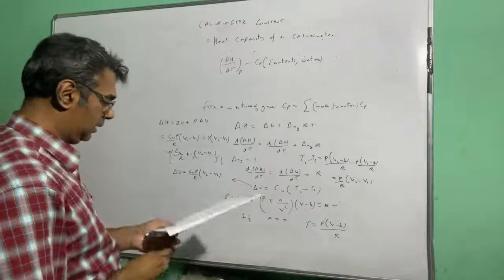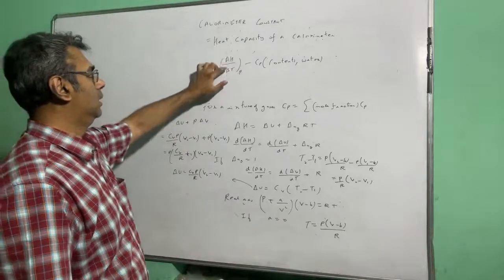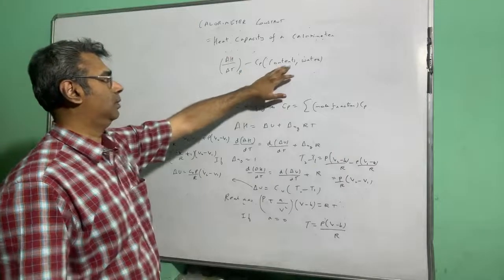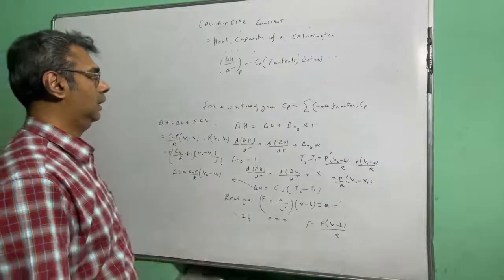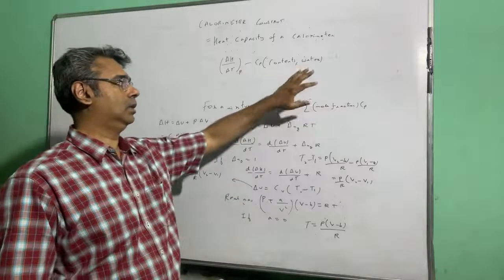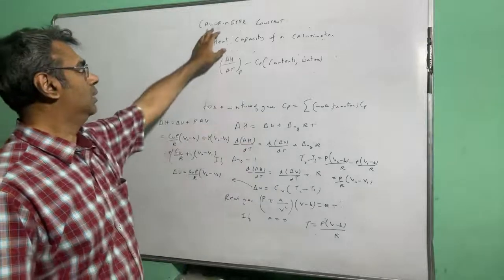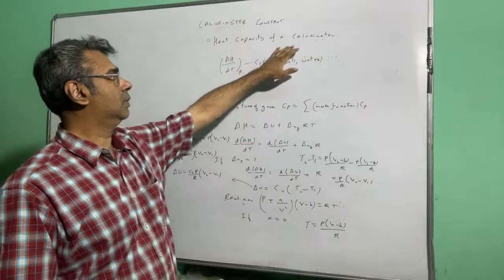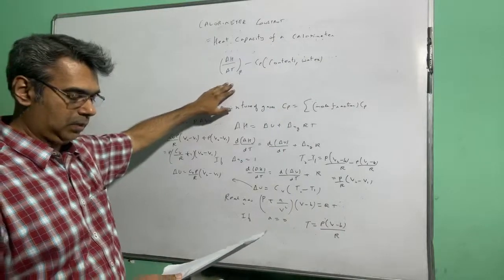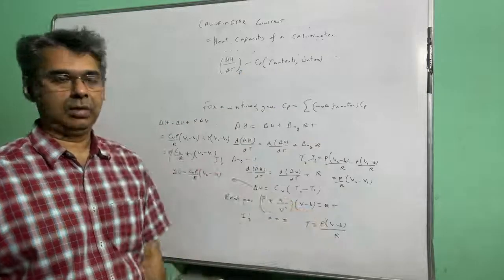The formula will be delta H by delta T at constant pressure minus Cp of the contents. Normally contents means the copper, the water, everything. Sometimes we also use water equivalent. So calorimeter constant of any calorimeter means the heat capacity of the calorimeter, that is, delta H by delta T at constant pressure minus Cp of the contents including water.